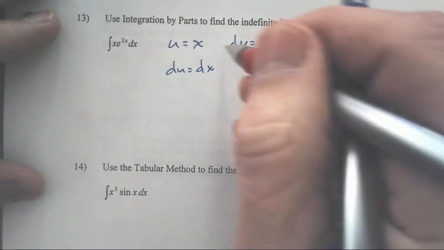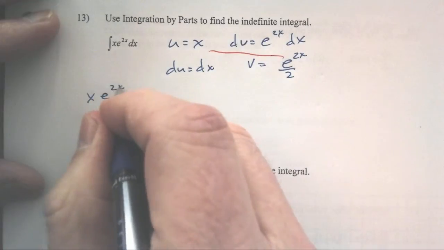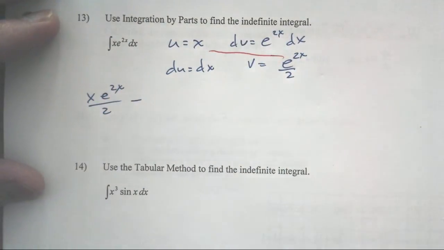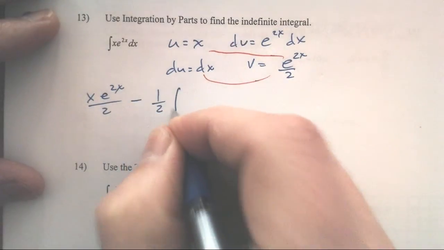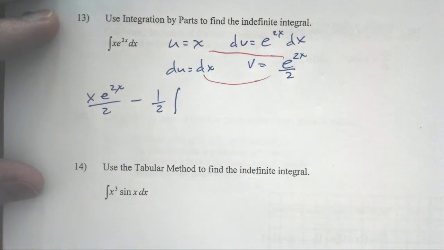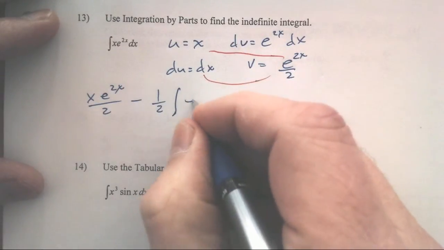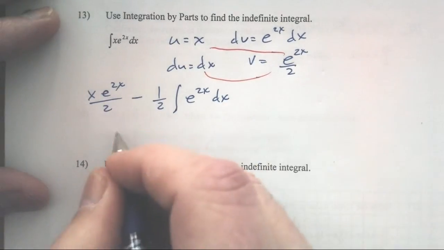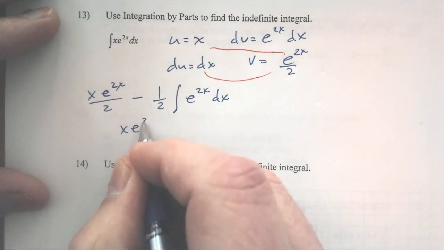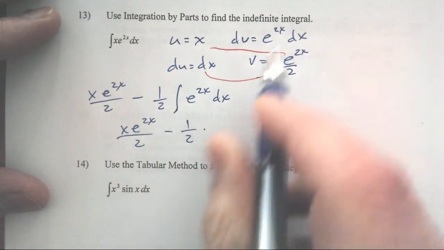So what do we do? We multiply those. I get x e to the 2x on 2, minus the integral of the product of those, 1/2 e to the 2x dx, or x e to the 2x on 2 minus 1/2 times, what's the integral of e to the 2x?